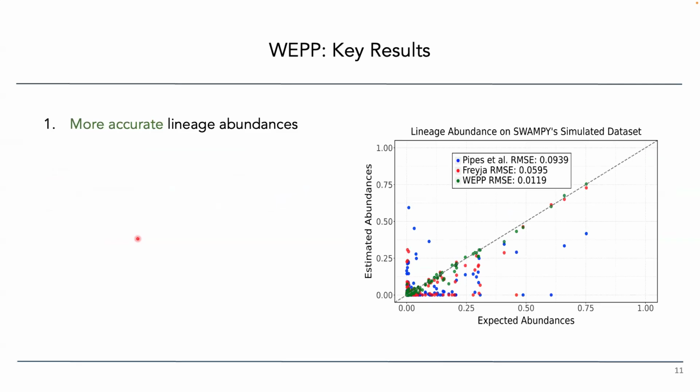Here, we can clearly see that the RMSE of WEPP is much better, which is due to the fact that WEPP considers the entire phylogeny of the existing sequences and their inferred ancestors when determining the best set of haplotypes for the given wastewater reads, and the corresponding lineage abundances from these haplotype abundances are much more accurate. This can also be explained by the simple fact that a single genome signature for a lineage that has a lot of haplotypes is not sufficient to represent the genetic diversity.